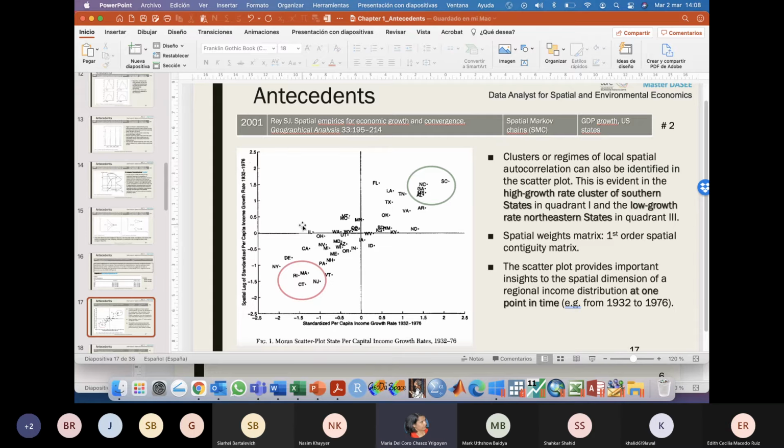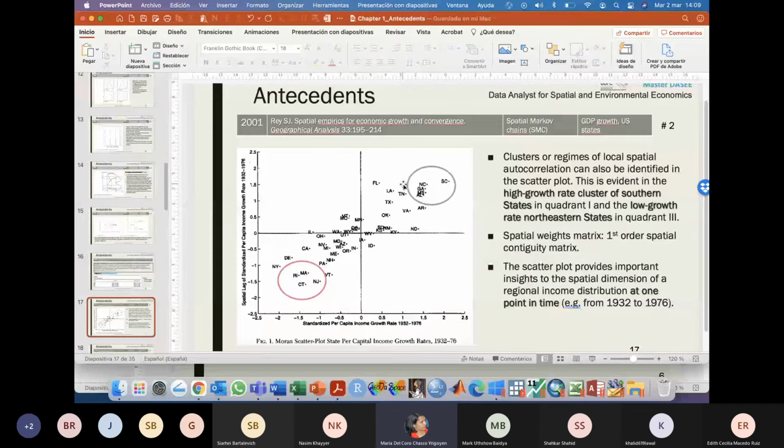So in this scatter plot, what Serge Rey found is that he could identify some clusters or regimes, but they are of local spatial autocorrelation. I more or less depicted them with these two round circles, so a high growth rate cluster in quadrant 1, these states.